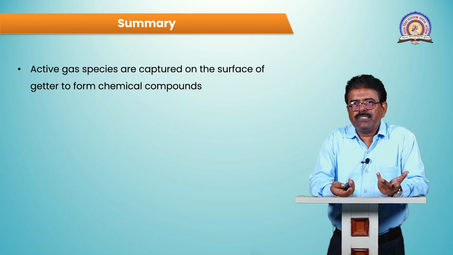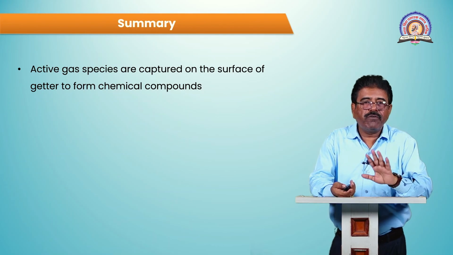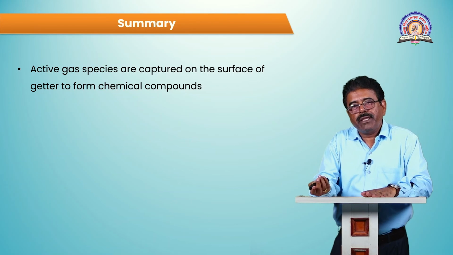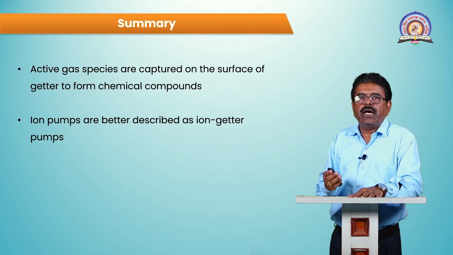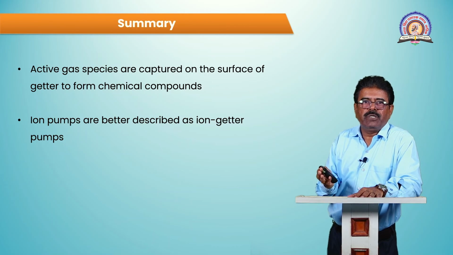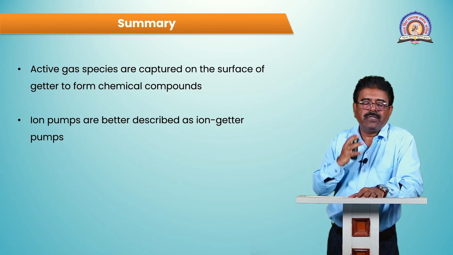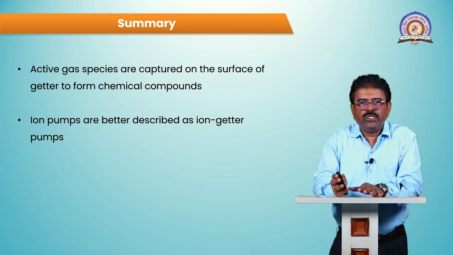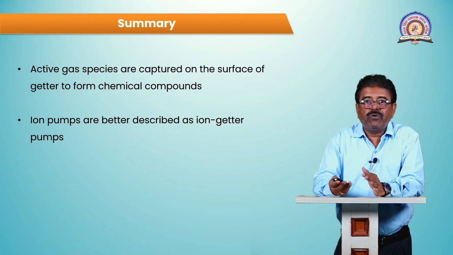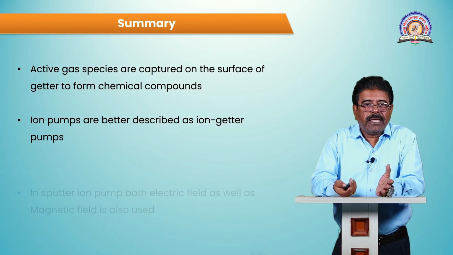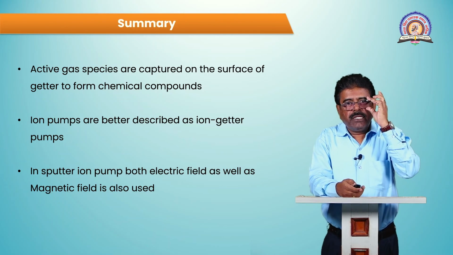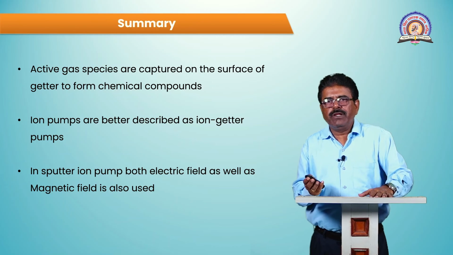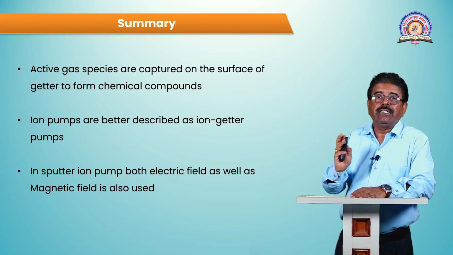So active gas species are captured on the surface of the getter to form chemical compounds. Ion pumps, in this way, are better described as ion getter pumps. So instead of saying only sputter ion pump, one can specify them as ion getter pumps, since both processes are taking place simultaneously. In the sputter ion pump, both the electric field and the magnetic field are used.